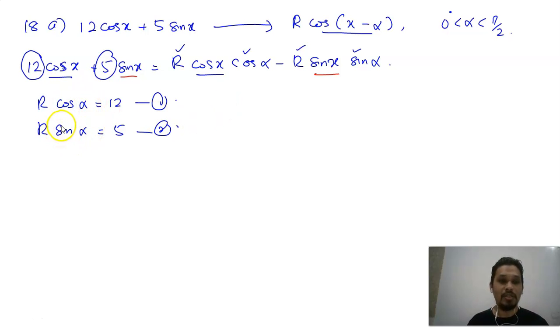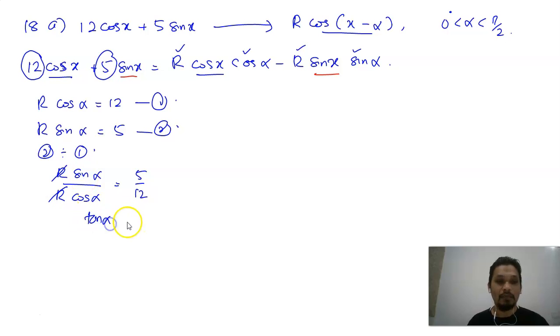Now we're going to find out the value of alpha. I change the terms of sine and cos into tangent and come up with the idea of equation 2 divided by equation 1. R sin alpha divided by R cos alpha equal to 5 over 12. Sine over cos is tangent alpha equal to 5 over 12. Alpha equal to the arctangent of 5 over 12.